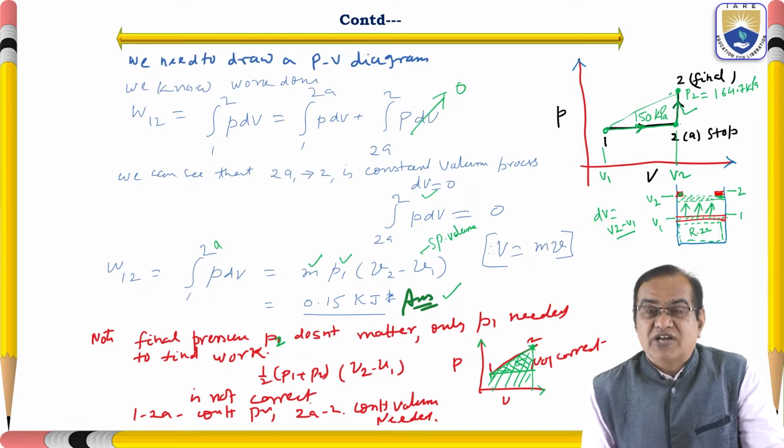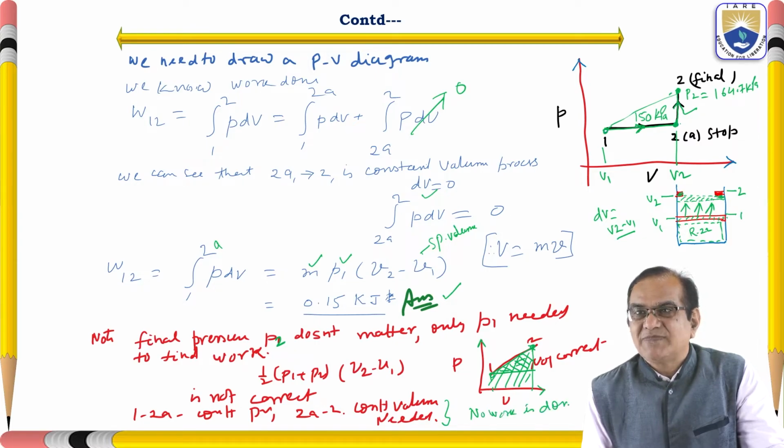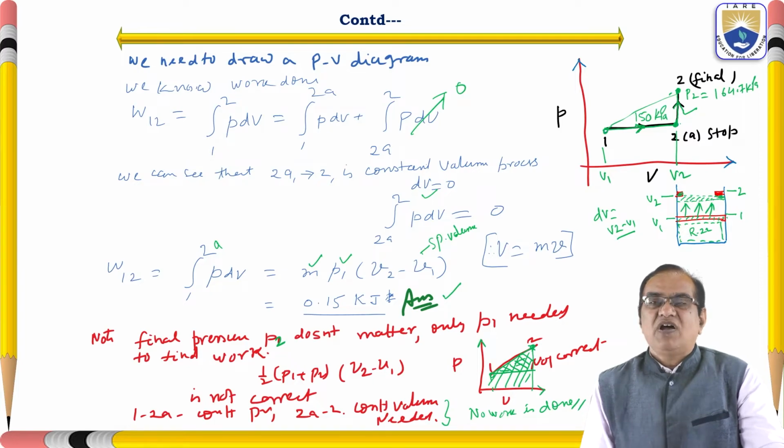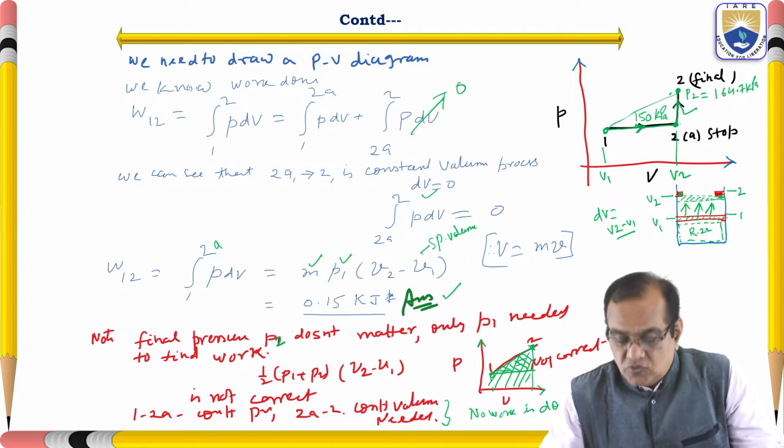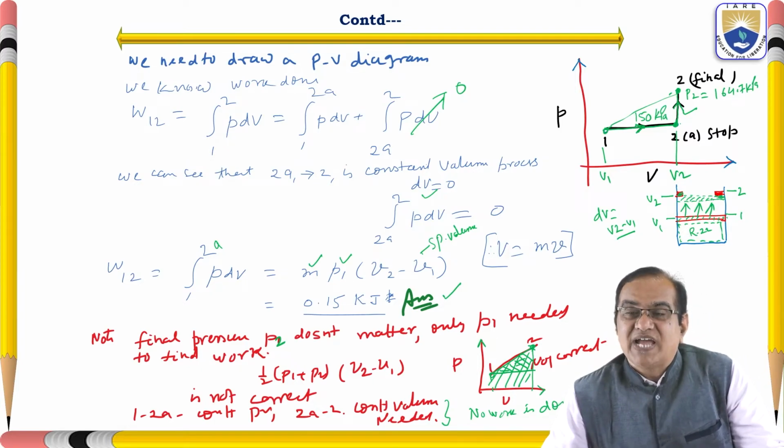It is not correct because 1 to 2A is a constant pressure process and 2A to 2 is a constant volume process, and in constant volume no work is done. So only constant pressure will provide the work. We have to take care and make sure that the work is calculated as per the requirement.